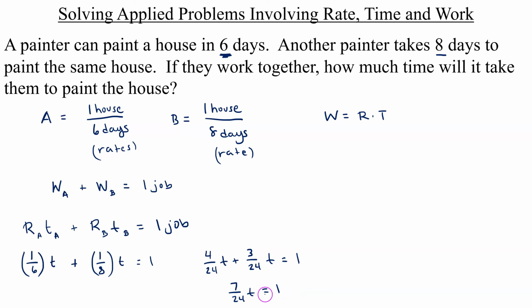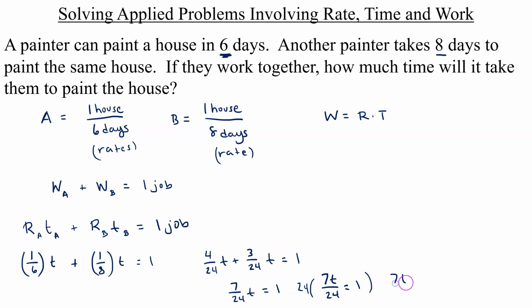Now we want to solve for t, and we see that it is multiplied by 7 and divided by 24. Another way to write this would be like this. We want t by itself, so I'm going to undo what was done to it. It was divided by 24, so I'm going to multiply by 24, and if I do it to this side, I have to do it to this side.